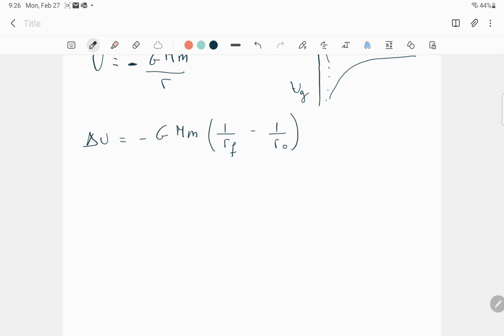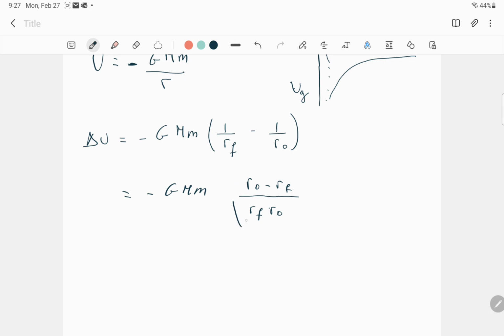I can bring everything to the same denominator. One step at a time: the denominator is R final R0, so the numerator is R0 minus R final.